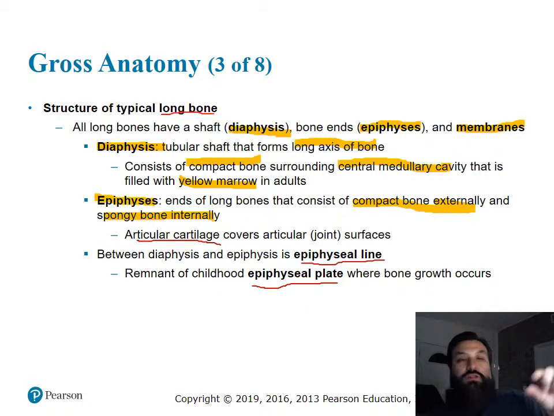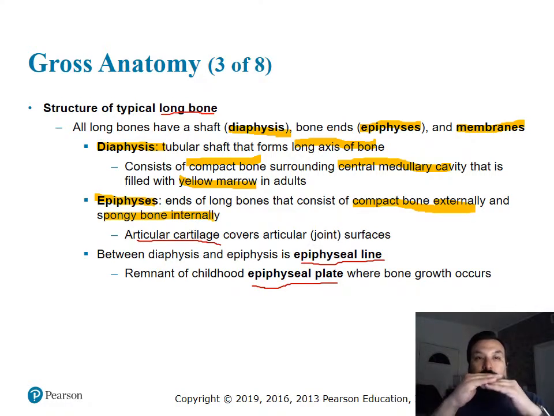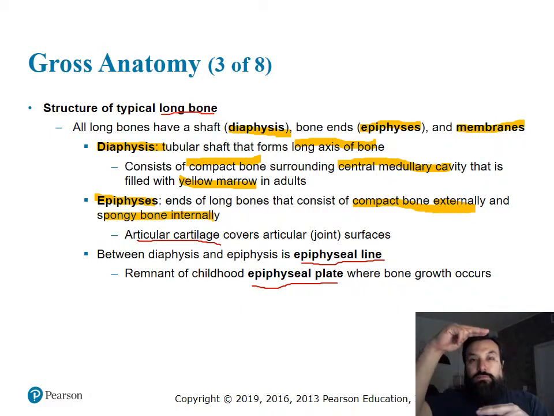When that cartilage divided, which it does rapidly, it became bone, and it causes our bones to grow in length. That's important in childhood because you want to grow in length. As your bones grow longer, so does the rest of your body, and that's how you grow in height.